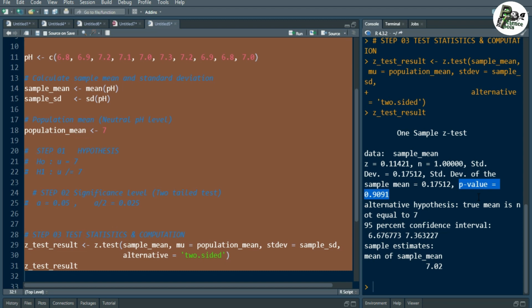As I have already discussed in the previous videos, especially in the procedure of the z-test and the introduction to the z-test, if the p-value is greater than the significance level, then we accept our null hypothesis. Here our significance level is 0.025, and the p-value is greater than 0.025.